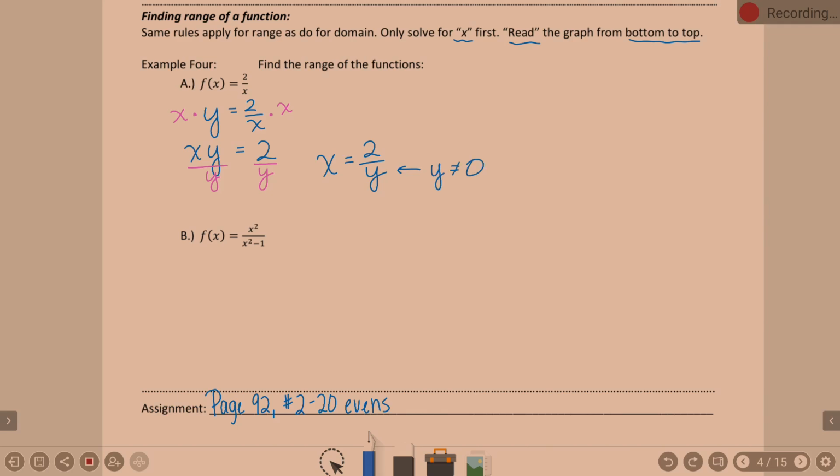Y cannot be 0. So y cannot be in the range. Do we have any square roots to worry about? No. Okay. So I'm proposing my range is going to be everything except 0. Let's look at it on the calculator.